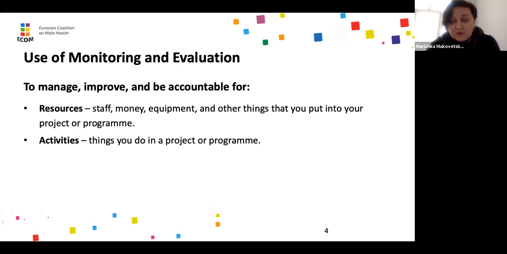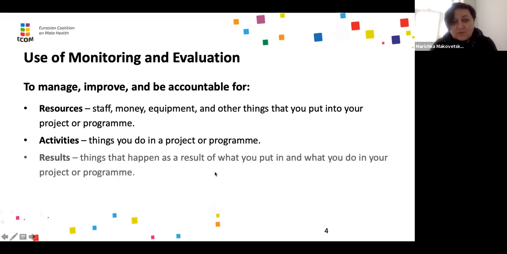By using a monitoring system, we may manage, improve and account for our resources. By resources, I mean everything we may put into the program, which is staff time, equipment, funds, everything you have in your organization. Then activities, that's what is planned in your work plan.